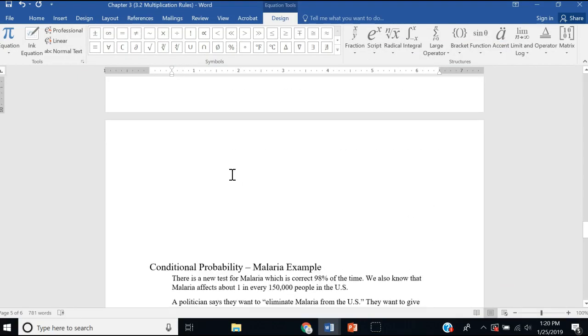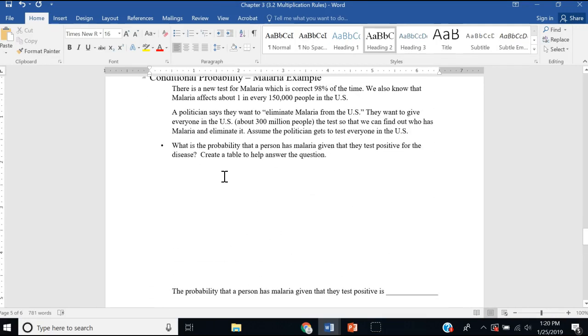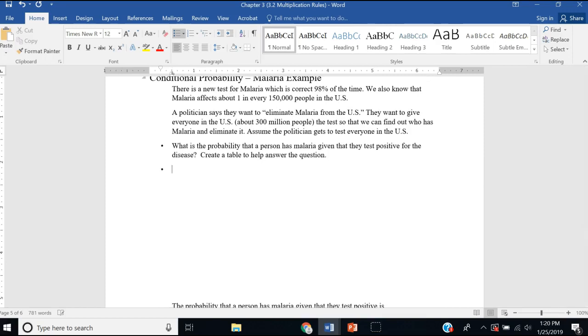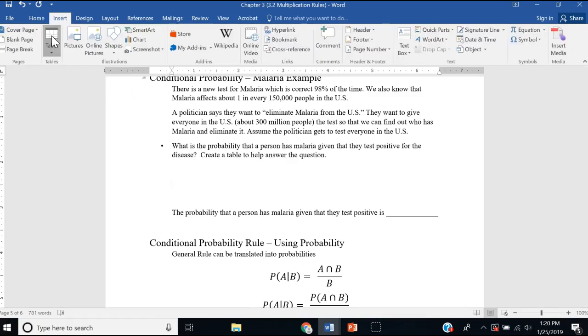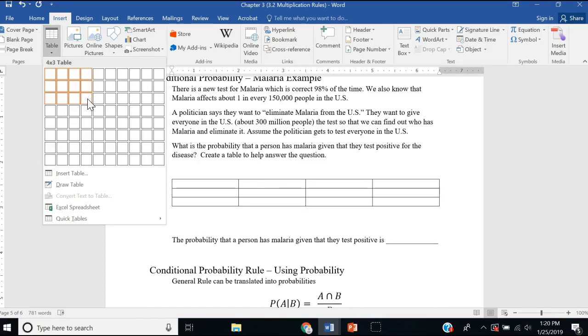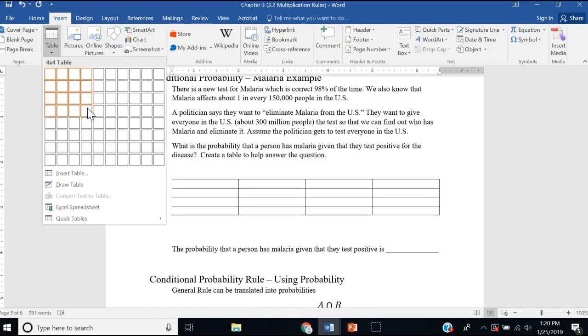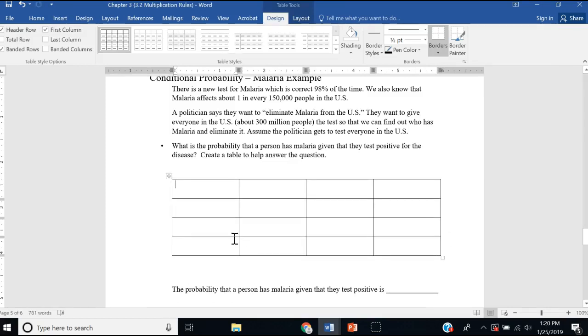All right, this contingency table. Now, I'm going to insert a table, or draw a table, sorry, in my Word document.